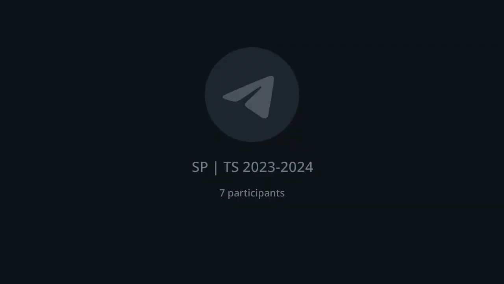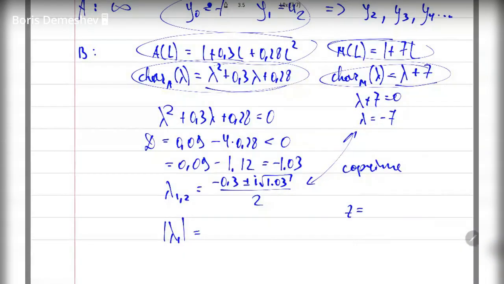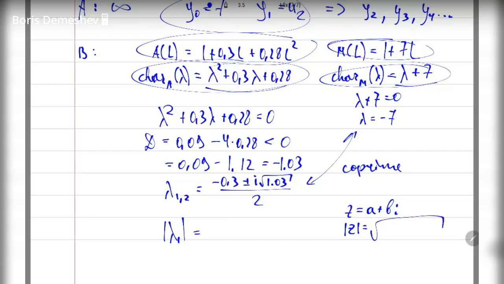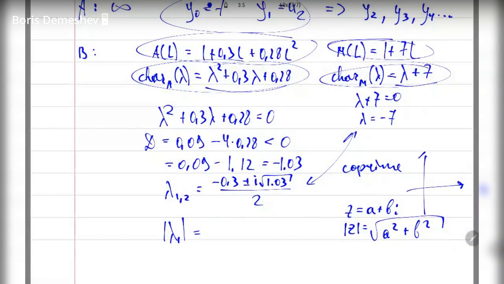Okay, now we need to calculate the absolute value of lambdas. What is the absolute value of lambda 1? How to calculate the absolute value? If you have a complex number z equal to a plus bi, what is the absolute value of z? Yeah, that's the square root of a squared plus b squared. So once again, you just calculate the length.